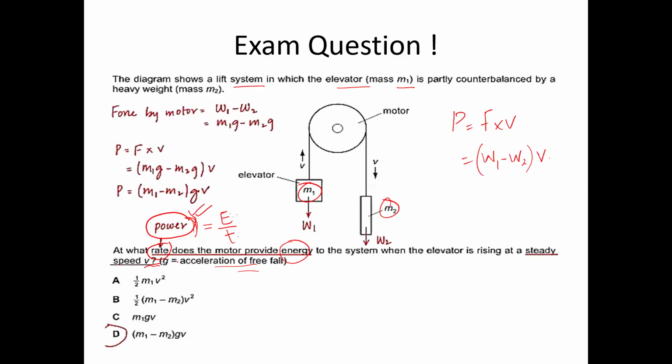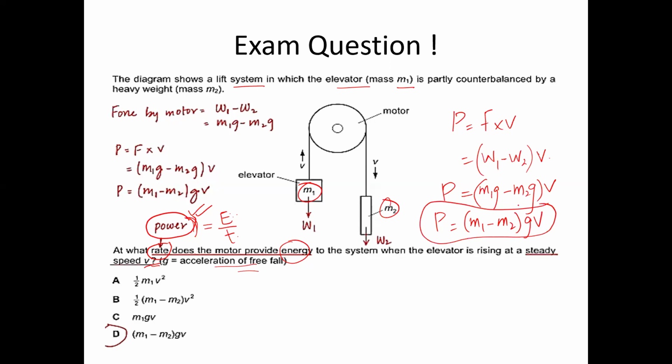We have to tell which expression is going to give us the answer for the power. The power will be equal to m1g minus m2g multiplied by v. So what relation do we have for power? m1 minus m2 into g times v.